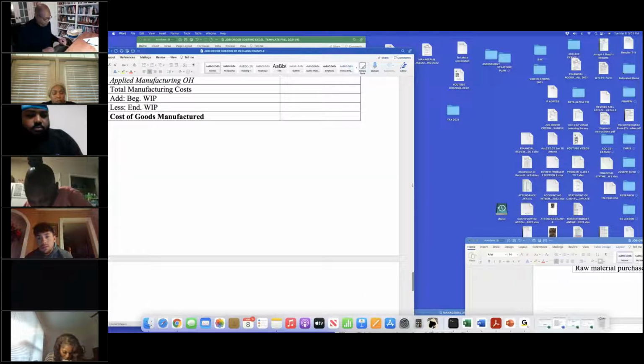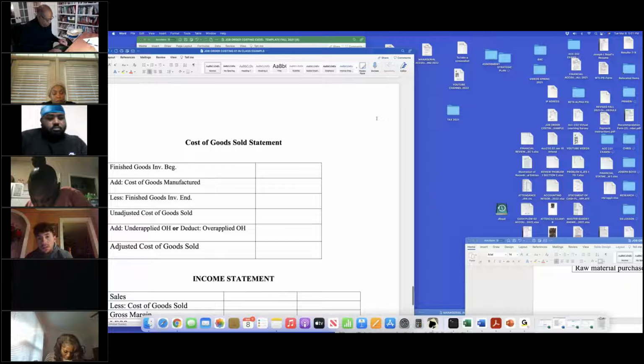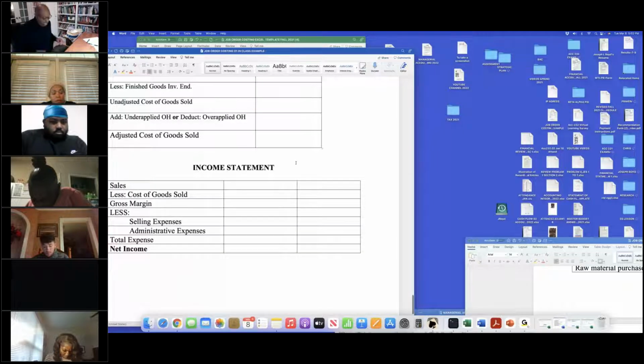Cost of goods sold. Okay. Anybody else who hasn't been assigned? I don't think I've been assigned, Dr. Boyd. Me either. So the income statement. Who else hasn't been assigned? I haven't been assigned a part.